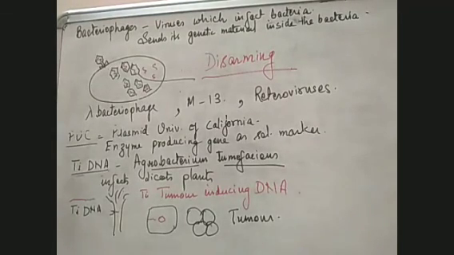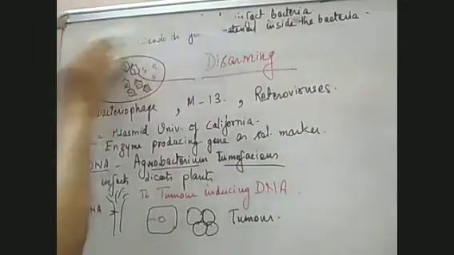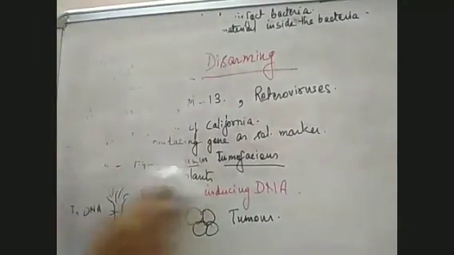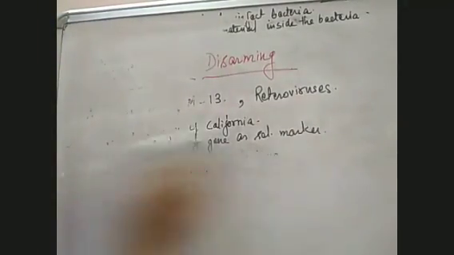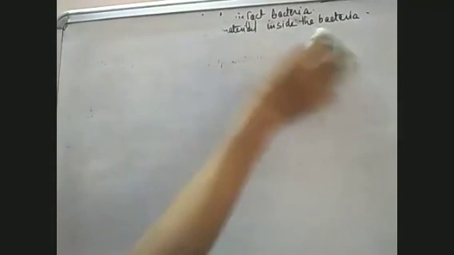So now, see, in simple language, I don't know how many students are there today. Okay, 16 students. Now, you have understood what is disarming of vectors.